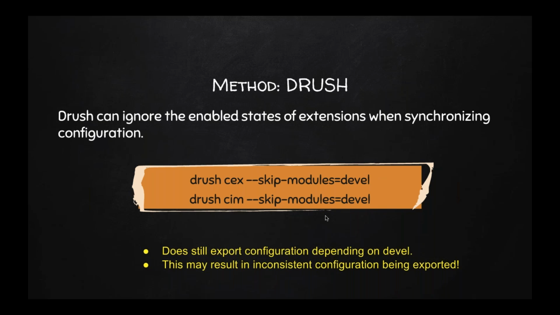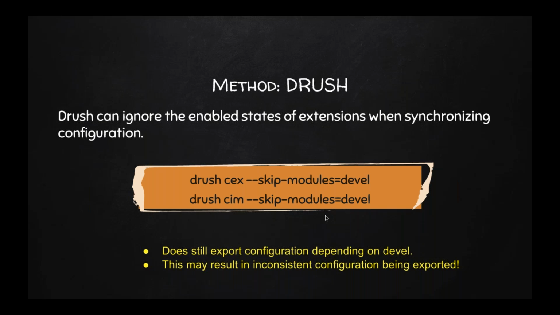It will only skip the enable/disable information of that particular module, whereas all the configuration wherever this module is used will remain as it is. So when you import this configuration, it will give you an error that this module is not enabled. So the skip-modules option works for modules which are standalone, and for which no other configuration depends on them.